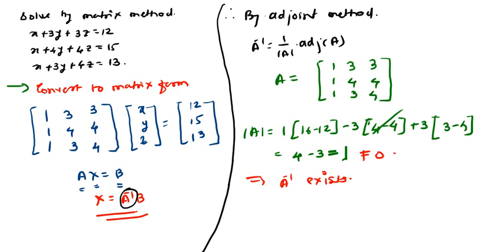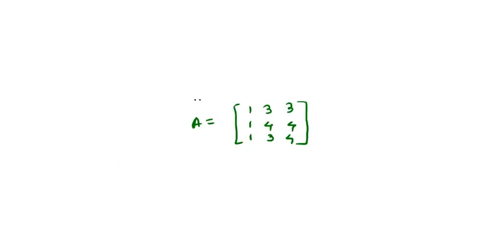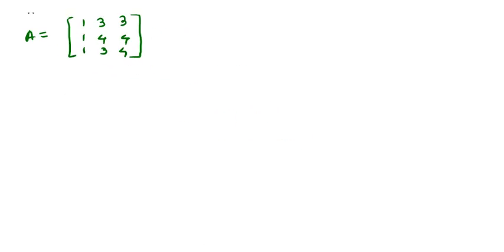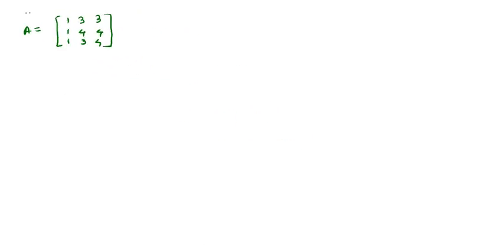Now we will try and find the adjoint of the given matrix A, and we can find the adjoint of the matrix by finding its matrix of cofactors. This is our matrix A, and we need the adjoint of the matrix A. Adjoint of A is the transpose of the cofactor matrix of A. So let's find the cofactor matrix.